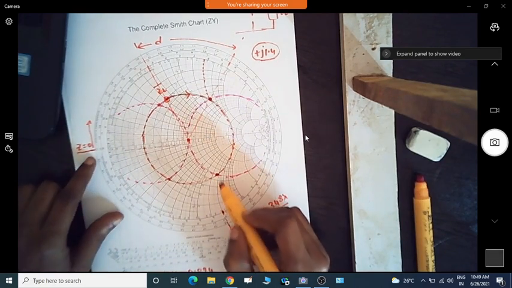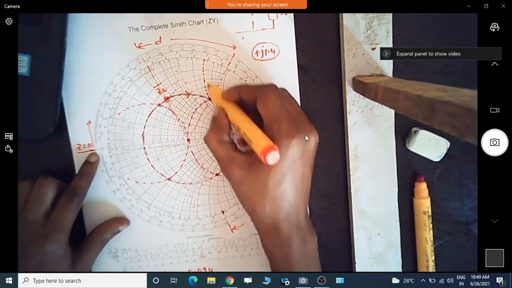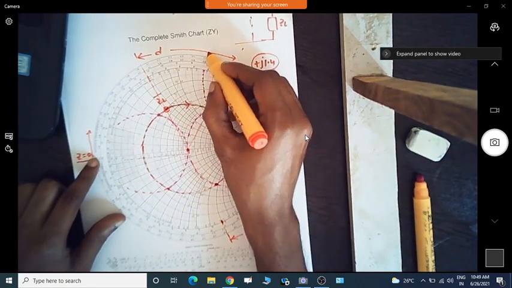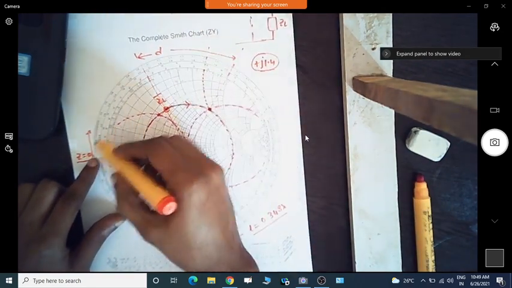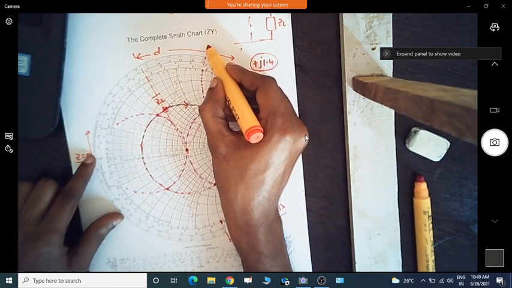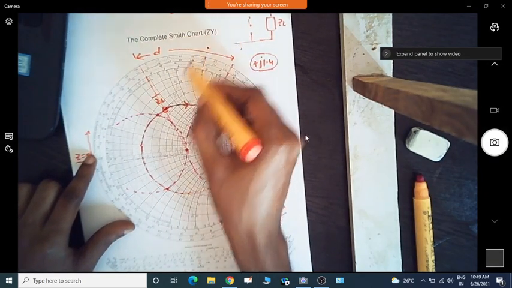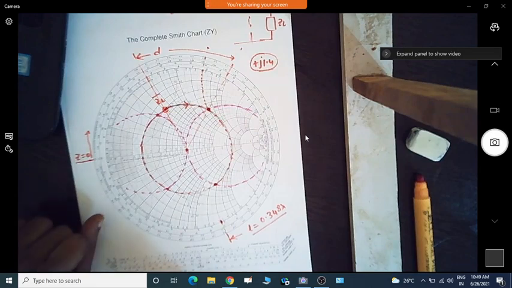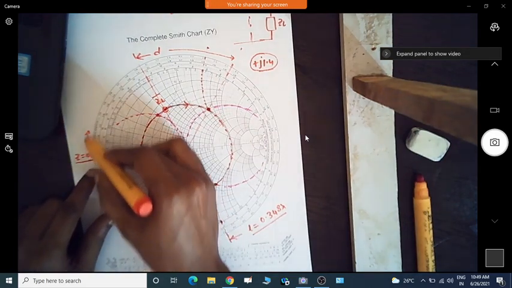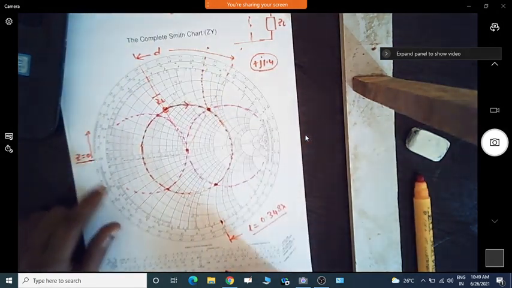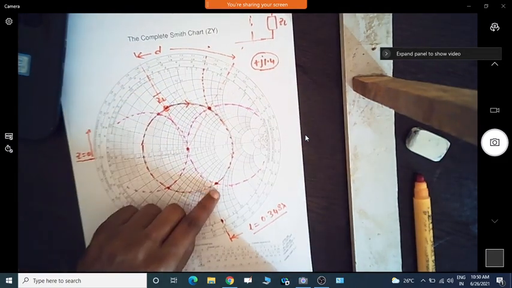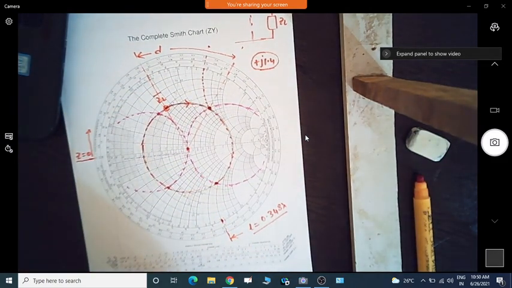We need to nullify minus j1.4, so we take plus j1.4, and since it is an open stub, from here to this point you measure the length of the stub. That is the second solution. So you measure the length till 1.4 and move the distance from this point to this point.